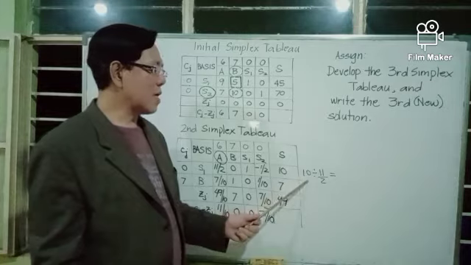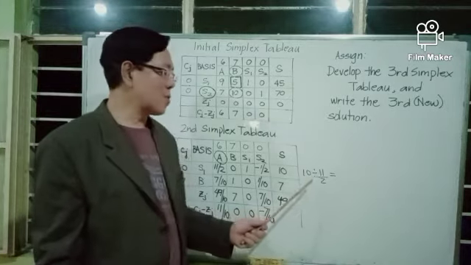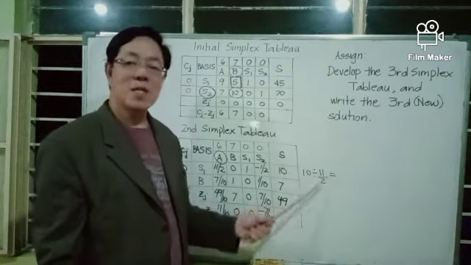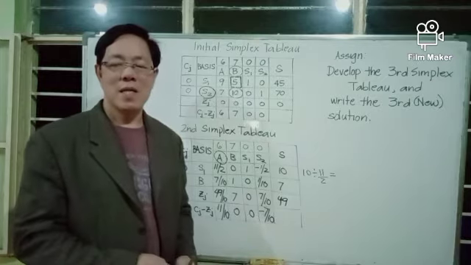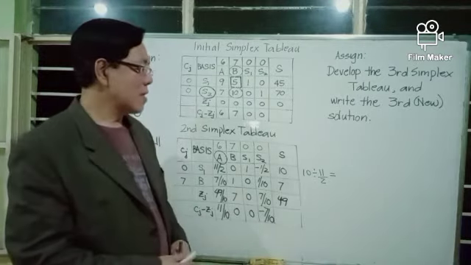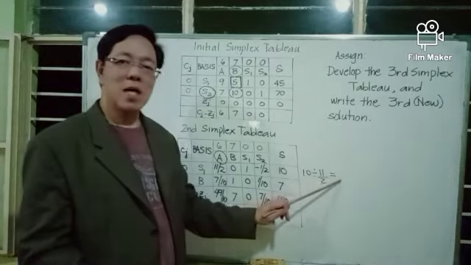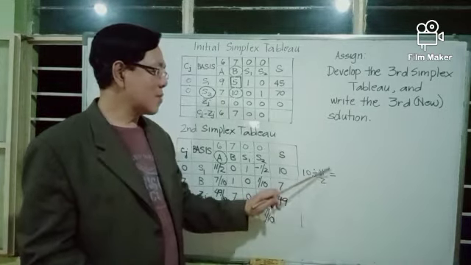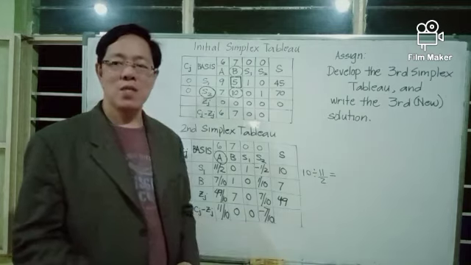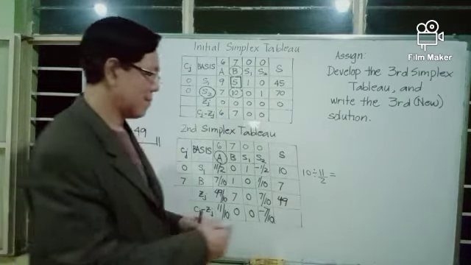To divide 10 by 11 over 2 is to multiply 10 by the reciprocal of 11 over 2. Hence, 10 divided by 11 over 2 is equal to 10 multiplied by the reciprocal of 11 over 2, which is 2 over 11.